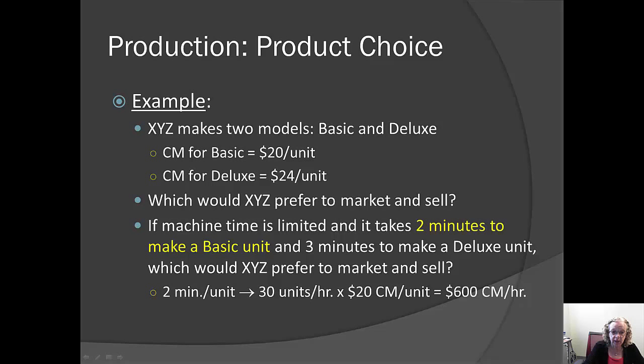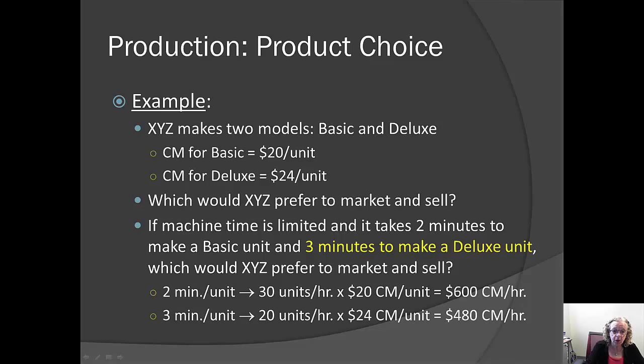If they make 30 units per hour, that means they are generating $600 of contribution margin each hour that they make basic units. By contrast, it takes 3 minutes to make a deluxe unit. That means they can only create 20 deluxe units each hour.